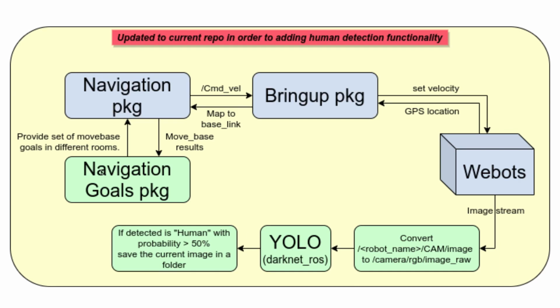First of all, we found a simple navigation goal package where, if you define x, y, thetas in the launch file, the robot will continuously go to different rooms. This package provides us with a set of move_base goals in different rooms.